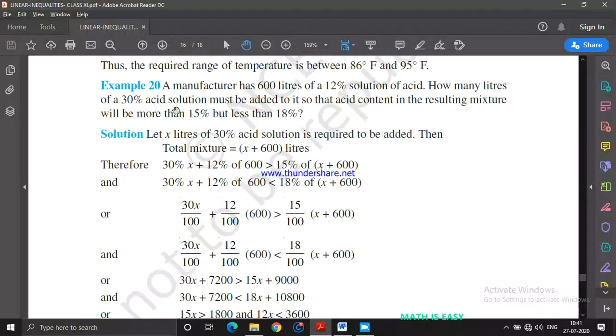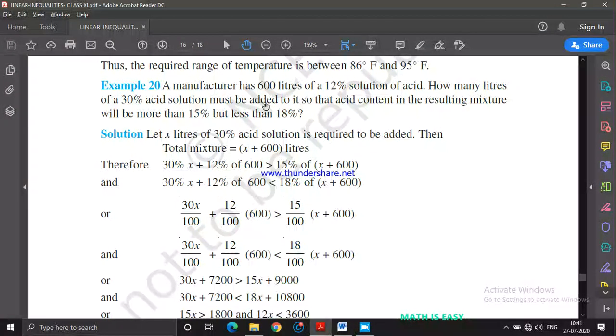How many liters of 30% acid solution must be added? Now we are going to add another solution to it, and the solution which we are going to add has 30% acid in it. How much do you have to add?